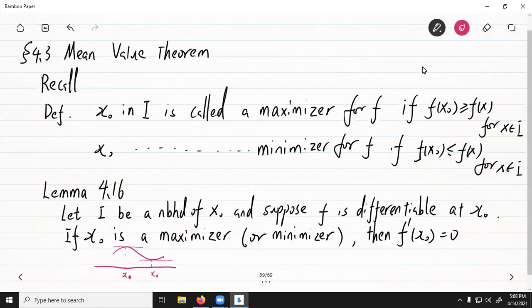This is what we have learned in Calculus 1. Now I want to prove it: if x0 is a maximizer or minimizer, then the derivative must be 0. In my proof, I just prove the case that x0 is the maximizer. Then you can use almost the same strategy for the minimizer.